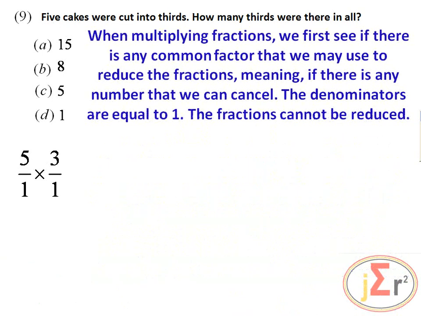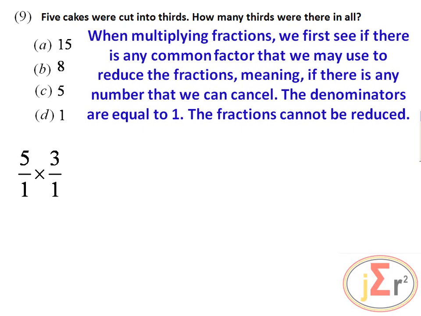When multiplying fractions, we first, and notice that I say first, the first thing that you do is see if the fractions can be reduced. So when multiplying fractions, we first see if there is any common factor that we may use to reduce the fractions, meaning if there is any number that we can cancel, because students use the word cancel more often than reduction of fraction.